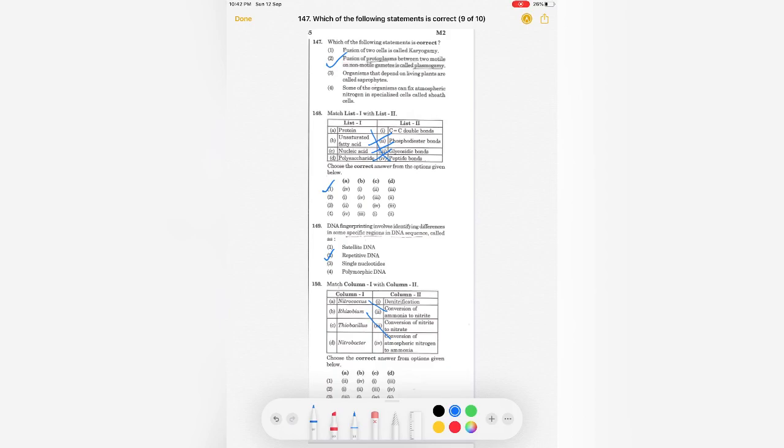Thiobacillus is an example of denitrifying bacteria. Nitrobacter: during the nitrification process, the second step is converting nitrite to nitrate. This process is facilitated by the bacteria Nitrobacter. So for question number 150, the correct answer is 1.